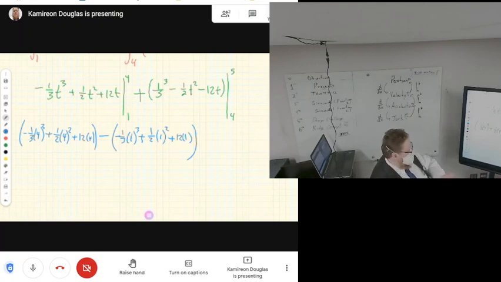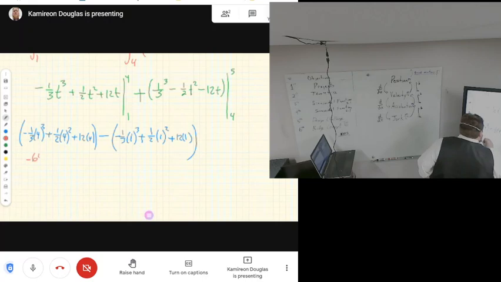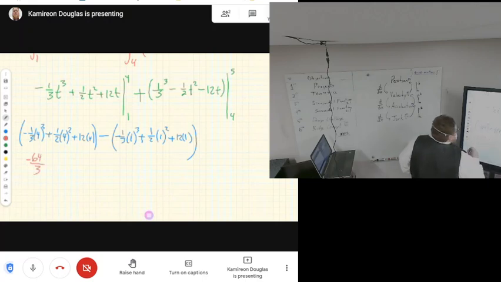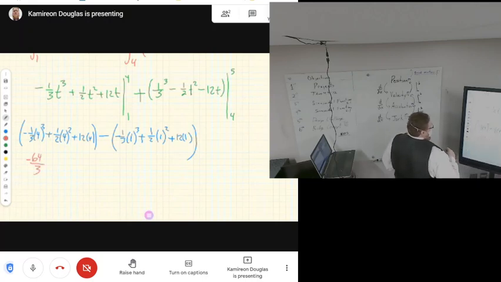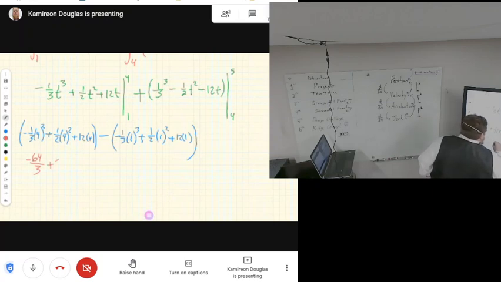All right, first piece. Negative 1/3 4 cubed, negative 64 thirds. 1/2 4 squared, plus 8. Plus 4 times 12, 48. That's the first piece. Minus the plus 1/3. Distribute the negative.